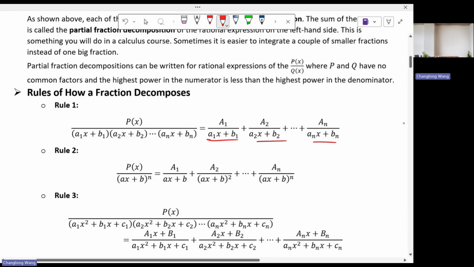So you have n distinct linear factors, and each one of them serves as a denominator of a partial fraction, where the second rule says it is the same factor you keep taking as the denominator, but you have to raise it to whatever power you think is appropriate. So that's the difference.